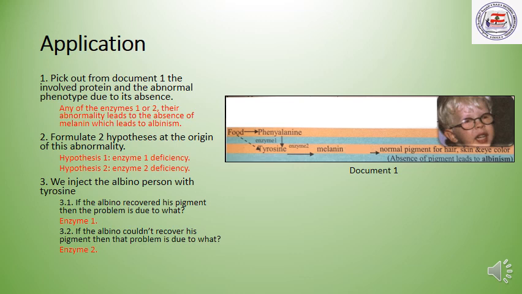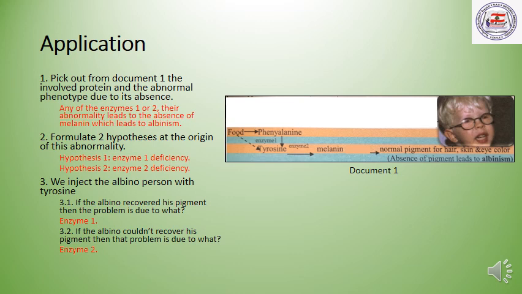Question number 2. Formulate two hypotheses at the origin of this abnormality. So we should think, what would be the reason behind having an abnormal or an absence of melanin pigment? One of the reasons could be that enzyme 1, which is the functional protein that has a huge role in producing melanin, could be non-functional.